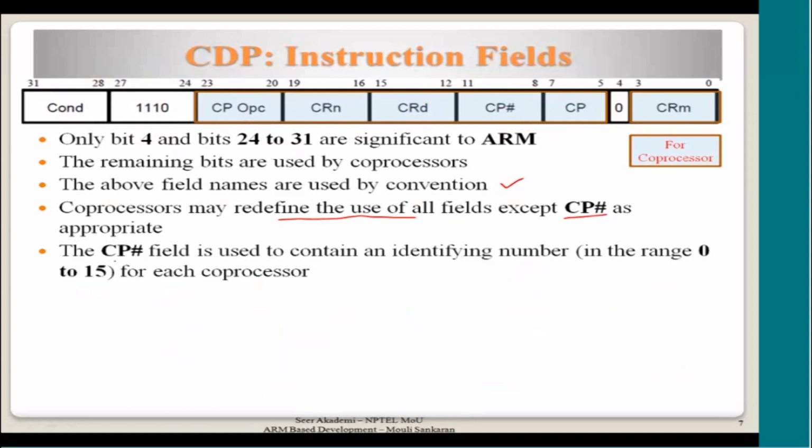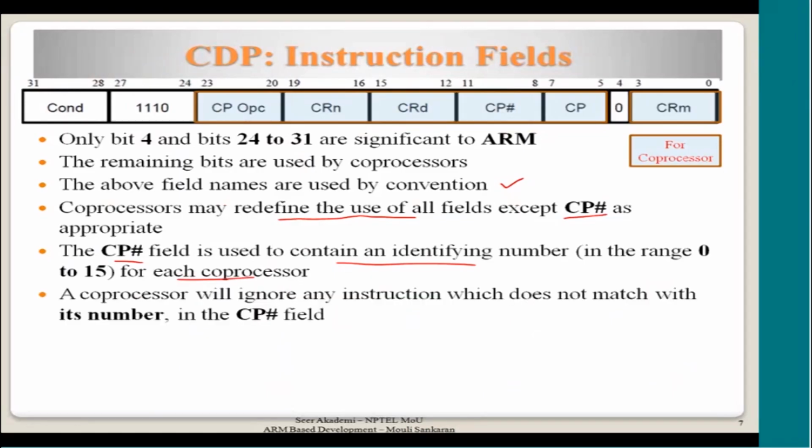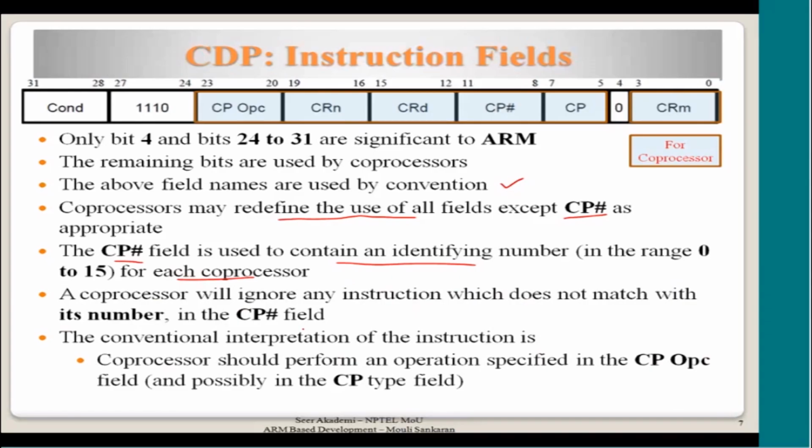The CP field is used to contain an identifying number of each coprocessor. A coprocessor will ignore any instruction which does not match its ID. The conventional interpretation of the instruction is that the coprocessor should perform an operation specified in this and this field.